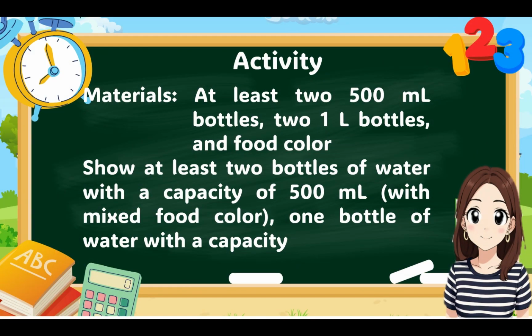Now for the next activity, we need to use at least 2 500 ml bottles, 2 1 liter bottles, and food color. Show at least 2 bottles of water with a capacity of 500 ml with mixed food color, 1 bottle of water with a capacity of 1 liter.